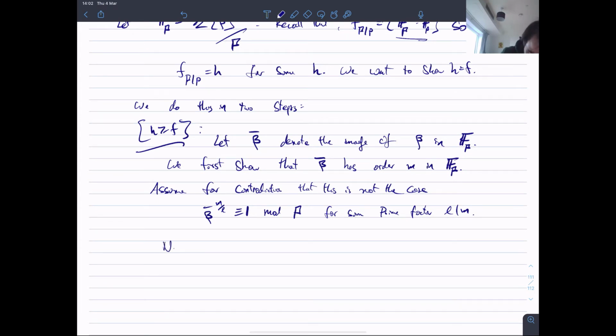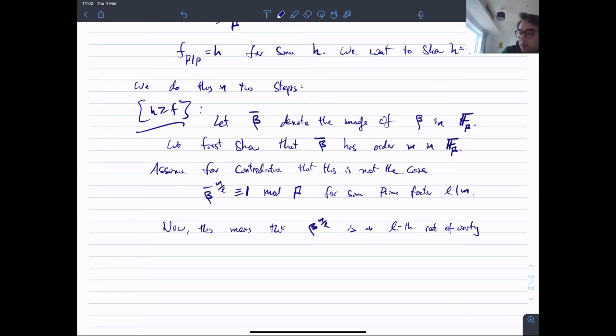This means that beta to the m over L is an Lth root of unity. This is the order mod p, so this is some Lth root of unity.